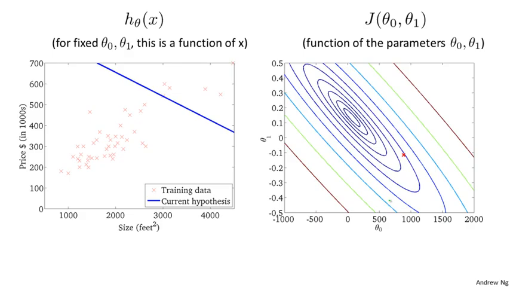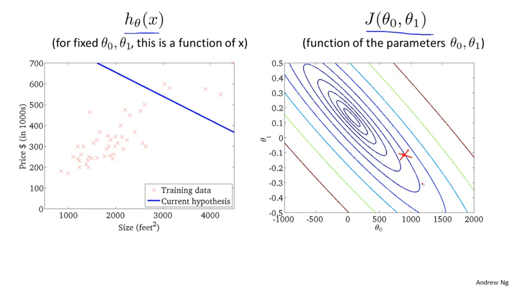So now let's see this algorithm in action. As usual, here are plots of the hypothesis function and of my cost function J. Let's say I've initialized my parameters at this value.